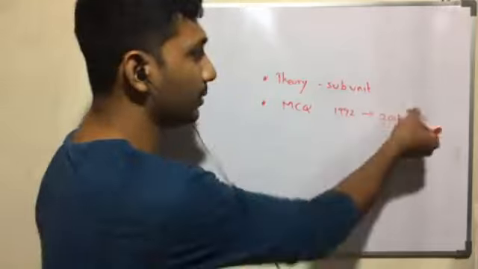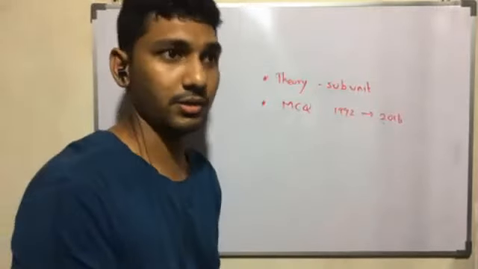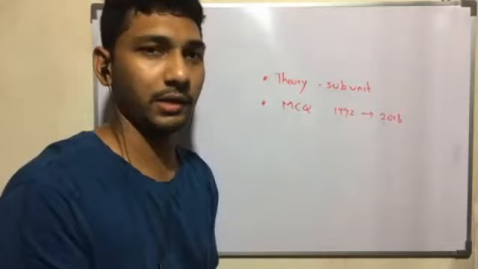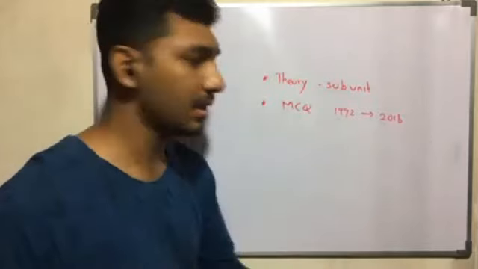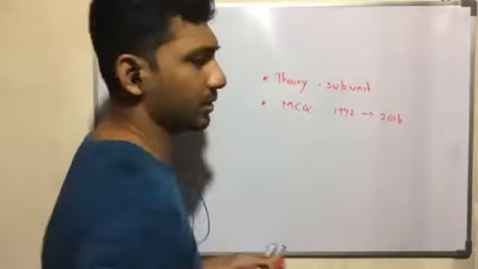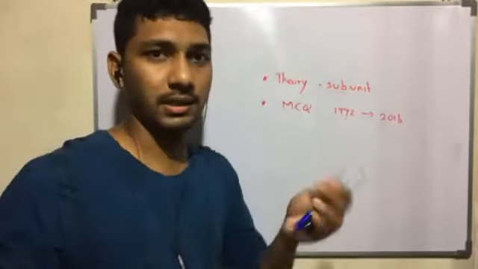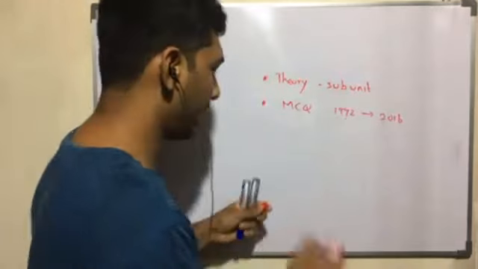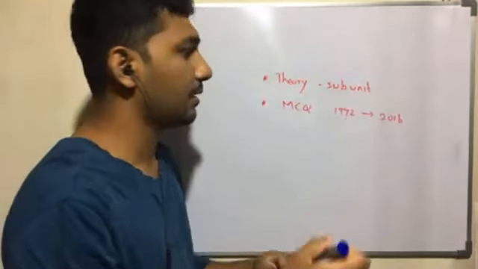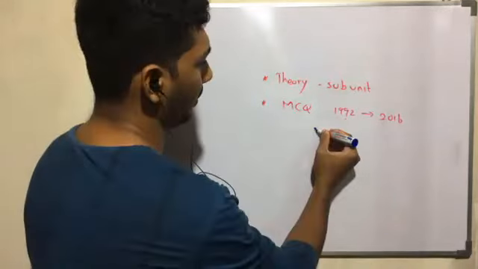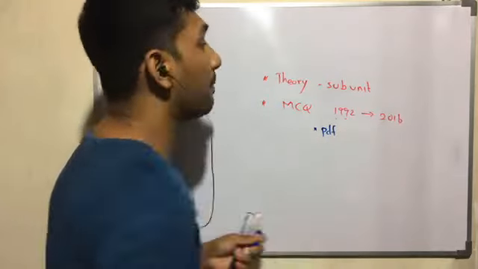We can do the other years by looking at the papers, because we all have those papers after 2016. But from 1992, most of us don't have papers, so it's better to have that MCQ compilation book. I made all the PDFs, and they will be shared before that unit starts.